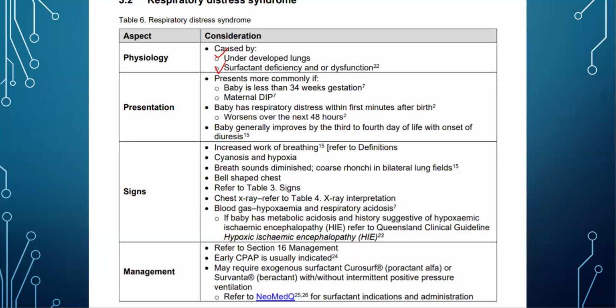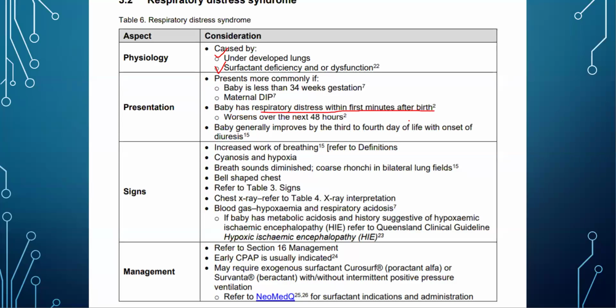Most of the time, by the time the baby becomes 34 weeks old, there will be surfactant production, which helps lung expansion. But if the baby is premature, before 34 weeks, the child can develop respiratory distress.